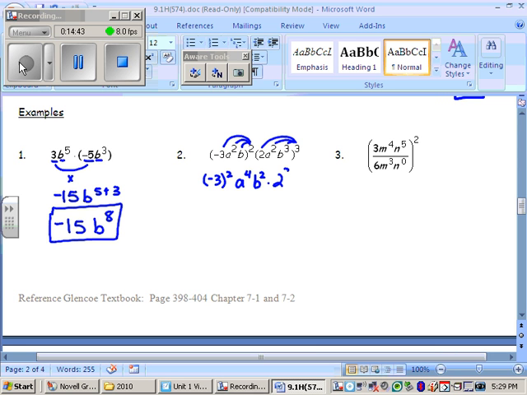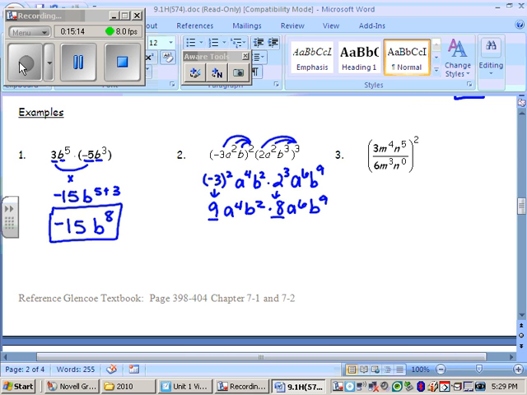And then we'll have 2 cubed, a to the 6th, b to the 9th for our second set of parentheses. From here, we have many things to do. We might first simplify the bases that are numbers, leaving us with 9, a to the 4th, b squared, times 8, a to the 6th, b to the 9th.